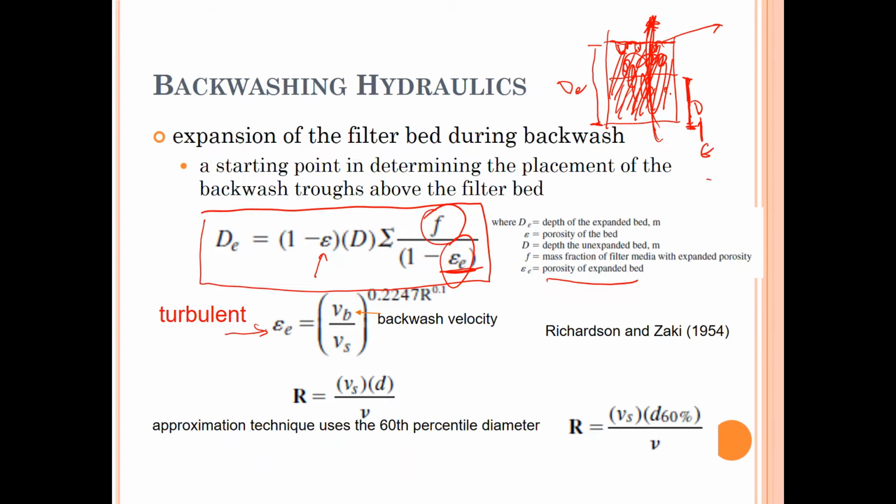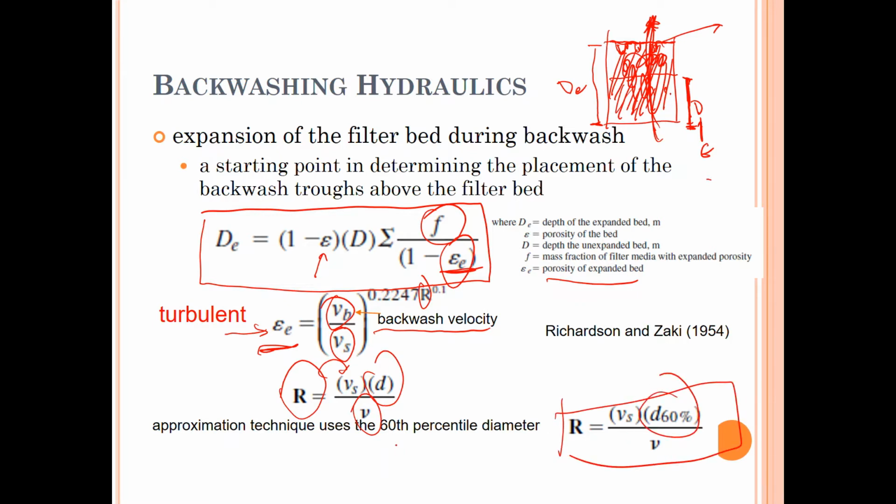We can find this expanded bed porosity using this equation, which involves the backwash velocity, which also involves the particle settling velocity and Reynolds number. The Reynolds number can be determined using particle settling velocity, diameter of particle, and viscosity. Or we can use this equation as well, where D60 is the 60th percentile diameter. Either way we can use.